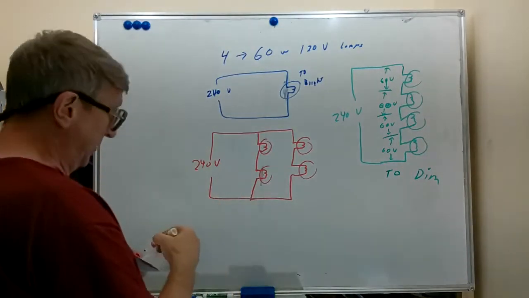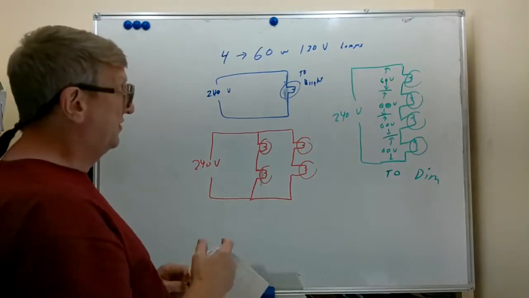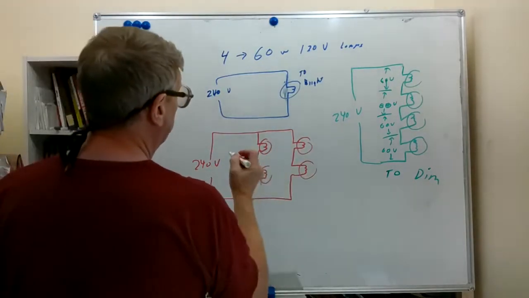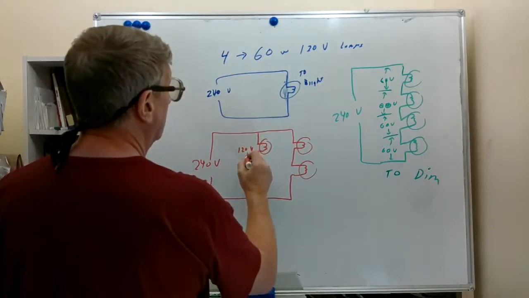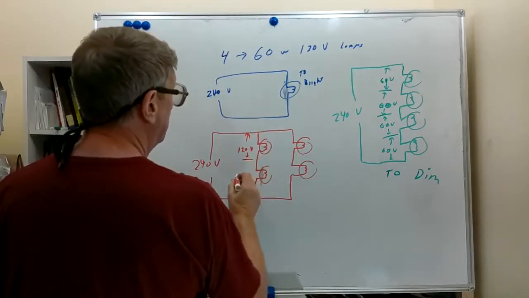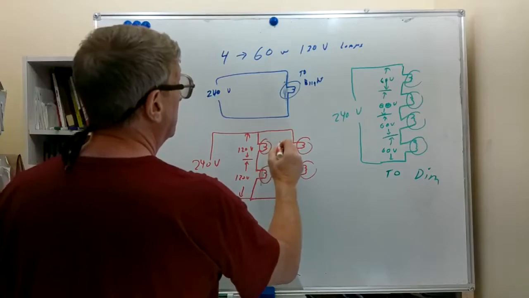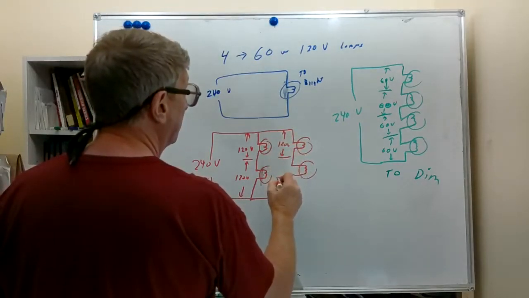Now what do we have here? We have the four 60 watt lamps, 120 volt, still equal resistance. So they're going to divide the voltage equally. So we'll end up with 120 volts across this lamp, and 120 volts across this lamp, and 120 volts across this lamp, and across this lamp.